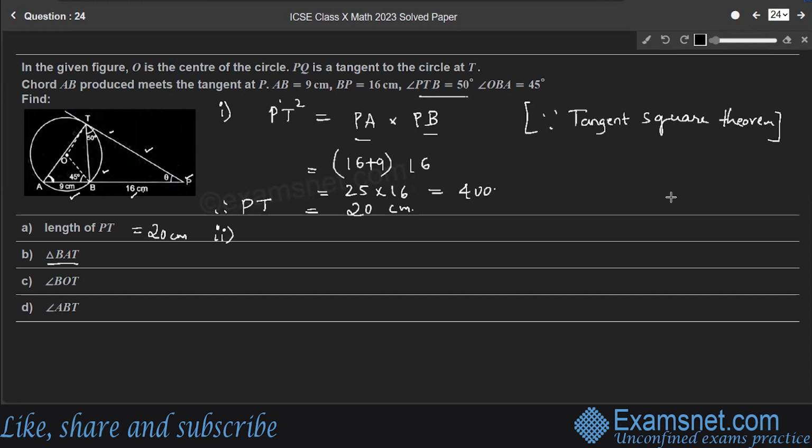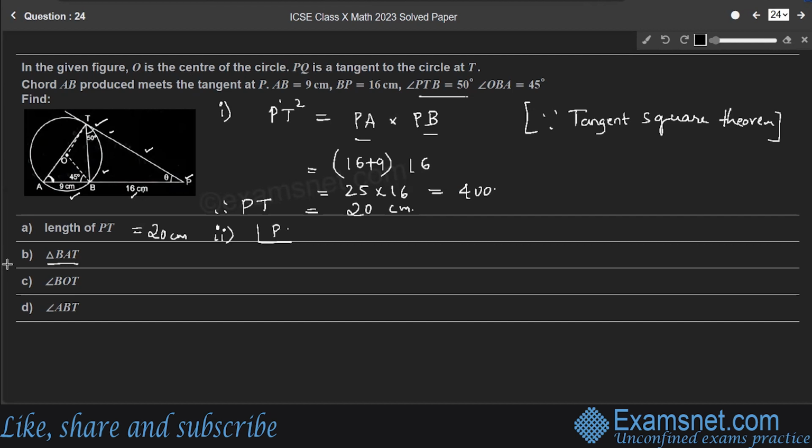The angle made by the tangent with the chord is equal to the angle made by the same chord in its alternate segment, that means in the remaining part of the circle, not in the minor part, but in the major part.